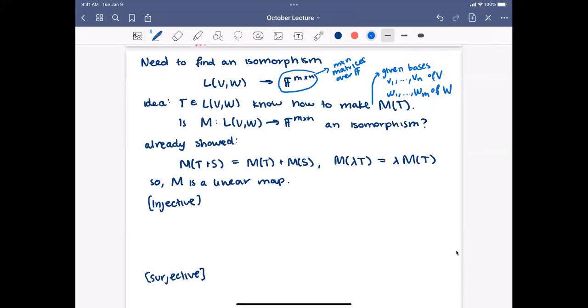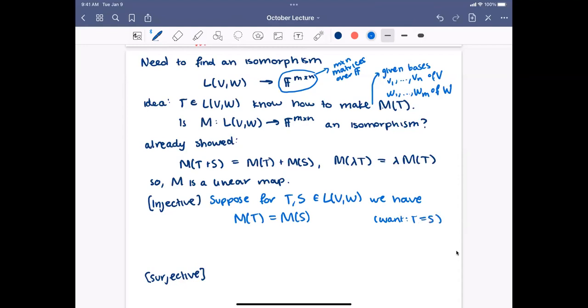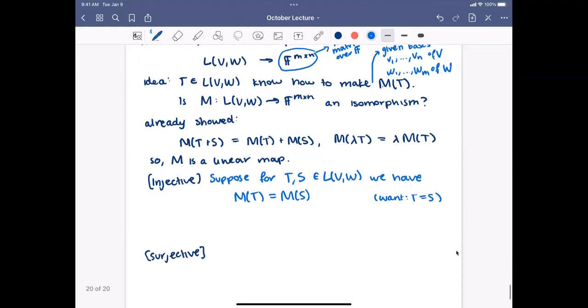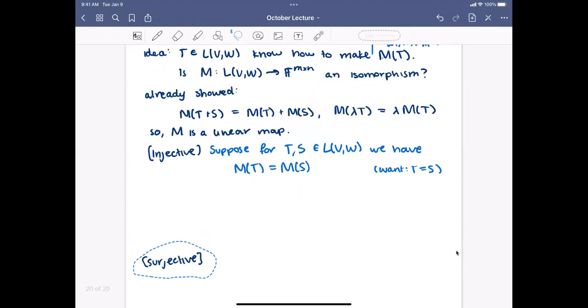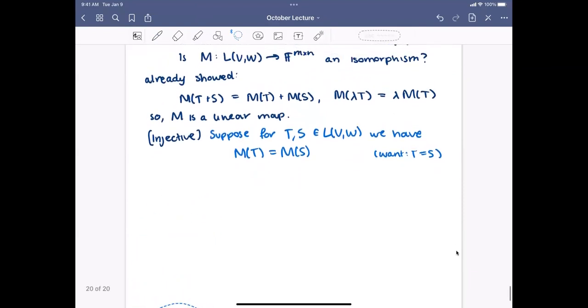So suppose for T and S in L(V, W), we have M of T is equal to M of S. And then we want to show that T is equal to S, so that those are the same linear map actually.